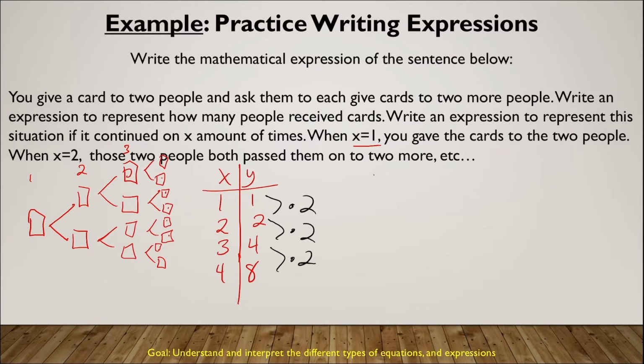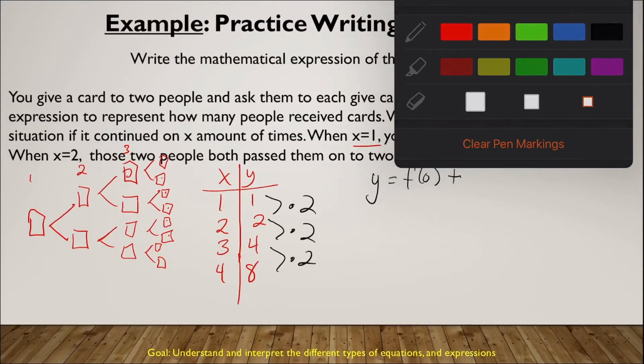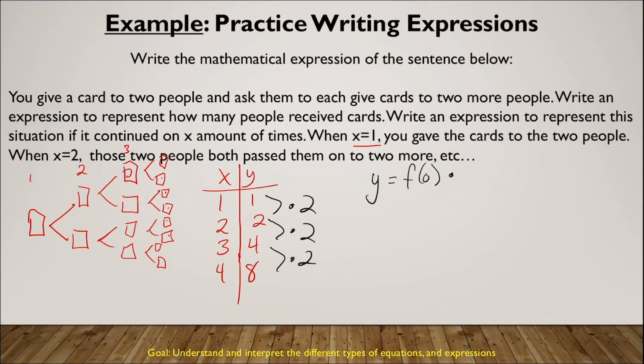So this is that equation of y equals f of 0 multiplied by my common ratio, which is 2, raised to the x.